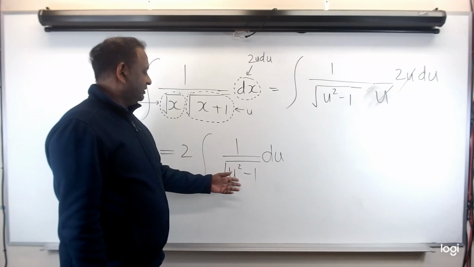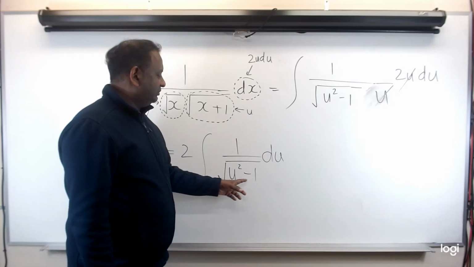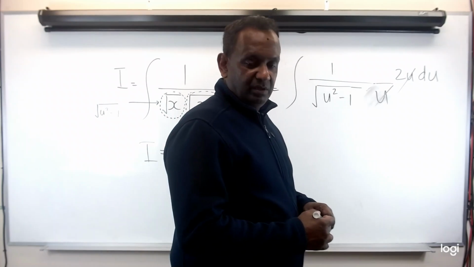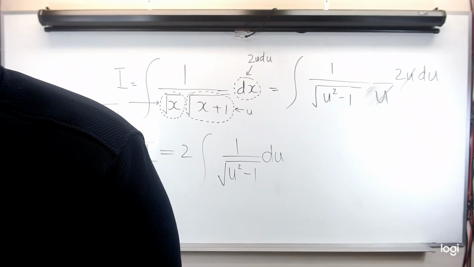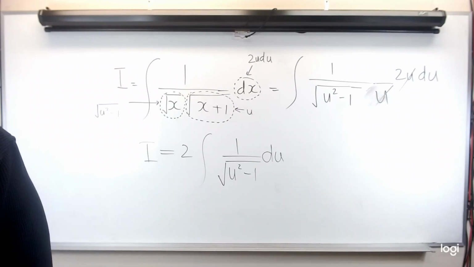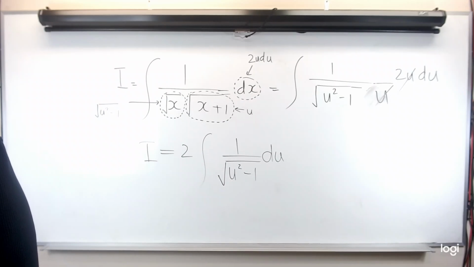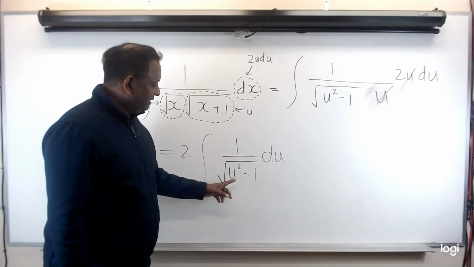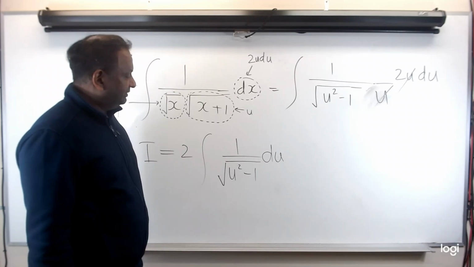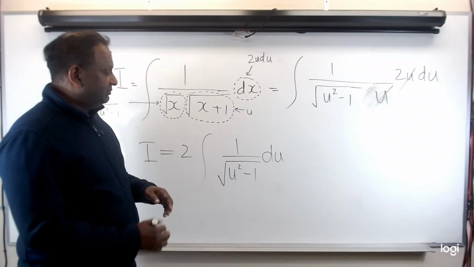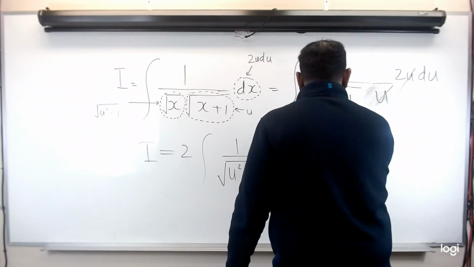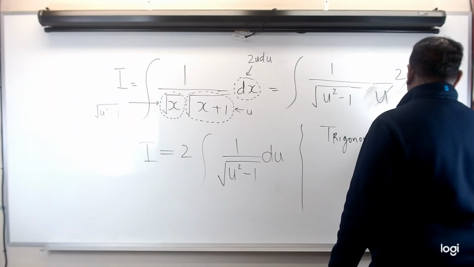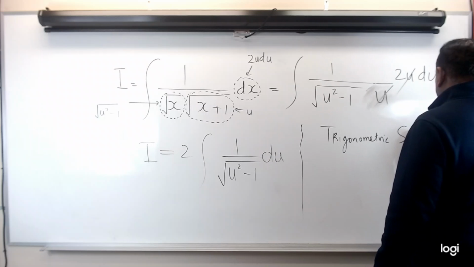If it were 1 minus u squared, can you remember how you tackle it? 1 minus u squared is sine inverse. Here you have u squared minus 1. This is not sine inverse, but we know trigonometric substitutions.